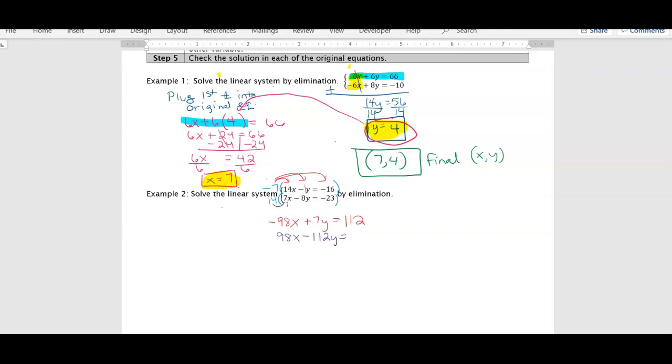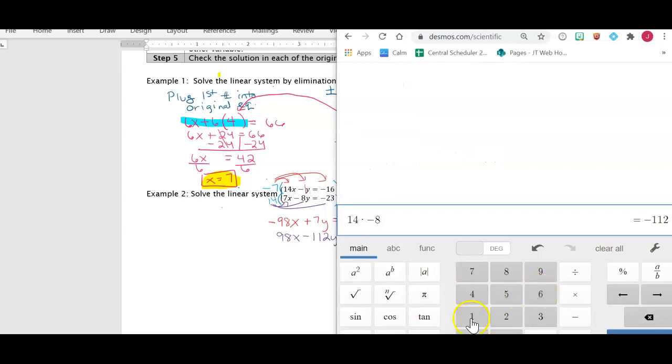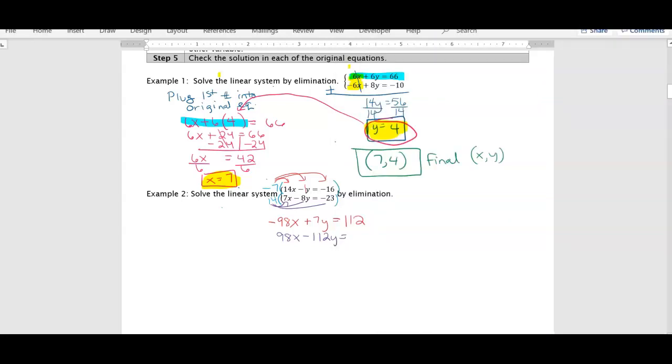And then I'm going to do 14 times -23. Again, I'll use the calculator. And I get -322. So pretty big numbers, but that's okay.